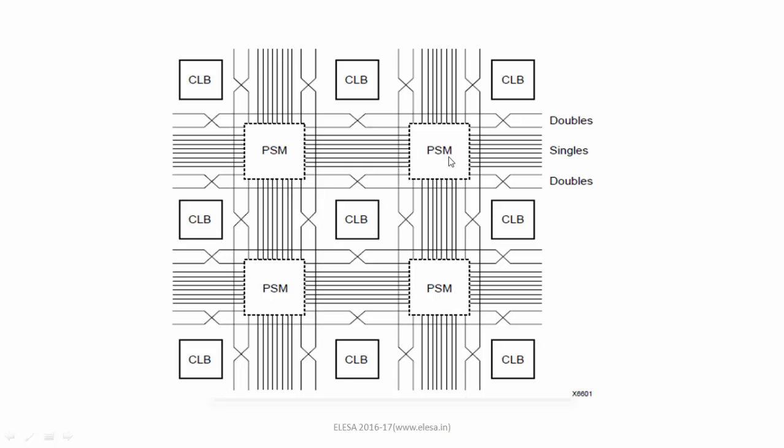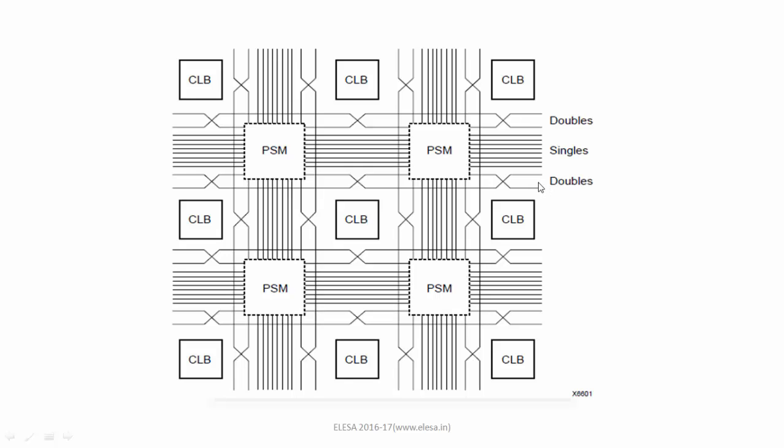So in a function, if you require that you don't want to add any delay, then you can use the doubles, because doubles actually connect 2 CLBs without going into the PSM. They can be directly connected between 2 CLBs. So the delay between these will be very less or nearly zero, because the connections are directly made.